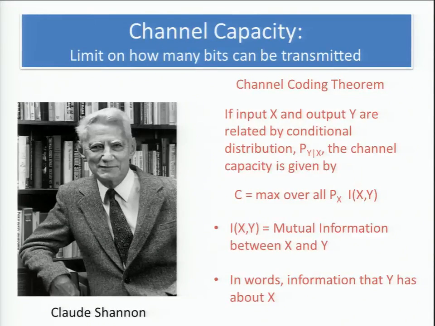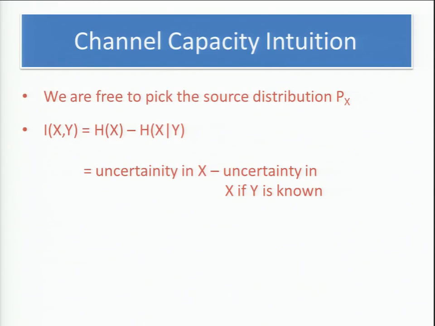In order to understand what this I(X;Y) is, I told you before that we are free to pick the source distribution. Now this I(X;Y) is nothing but H(X) minus H(X given Y). H(X) is a measure of uncertainty in X. Already the source has some uncertainty. If I say tossing 0, 1 with some probability p, 1 minus p, it already has some amount of uncertainty in it.